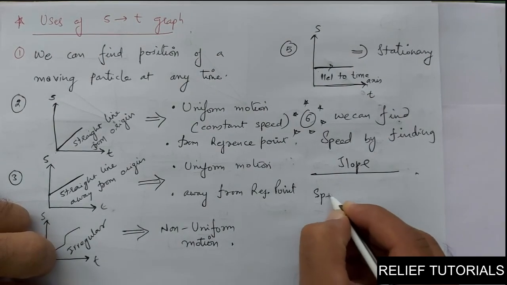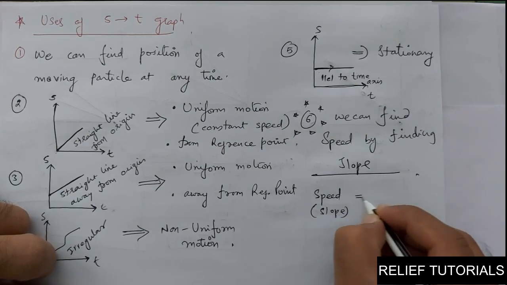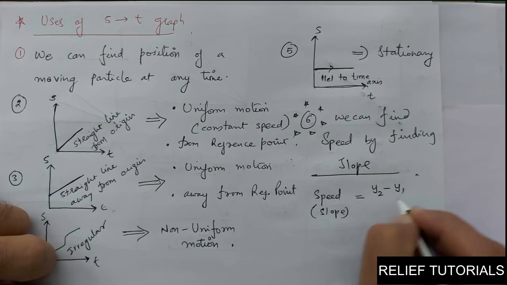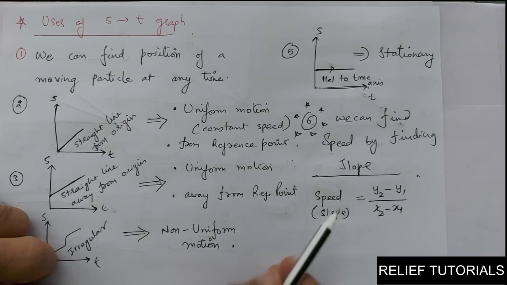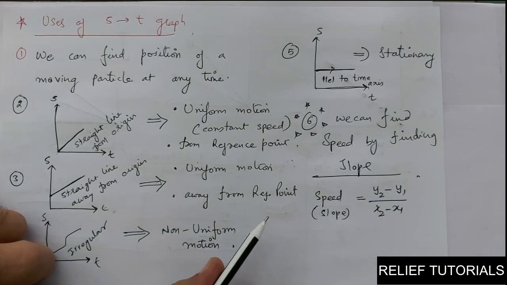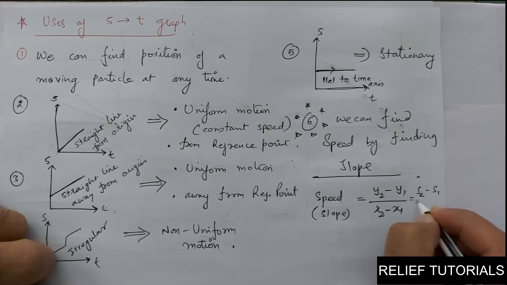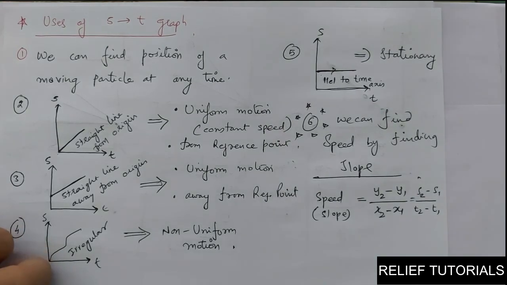So we can say speed, that is slope, is equal to y2 minus y1 upon x2 minus x1. This means you need 2 points of the graph. That can also be said as s2 minus s1 upon t2 minus t1. Is that clear?